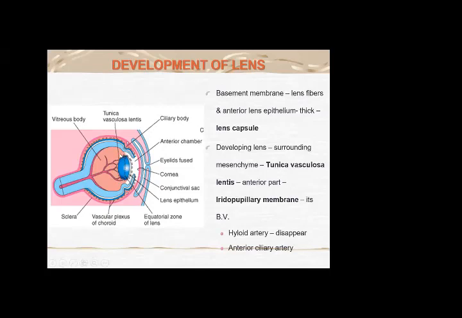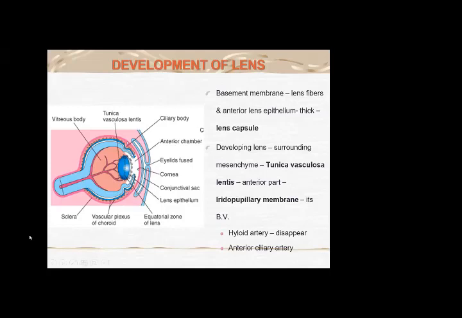This surrounding mesenchyme on the posterior aspect, the mesenchyme surrounding the posterior aspect of the lens, develops into a structure called the tunica vasculosa lentis. This is simply mesenchyme surrounding the posterior aspect of the lens and develops into tunica vasculosa lentis.